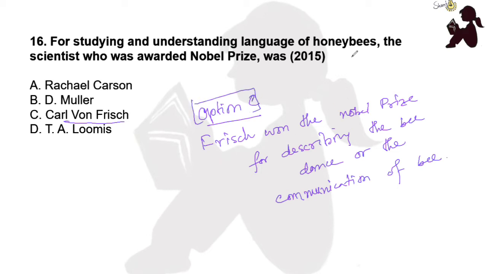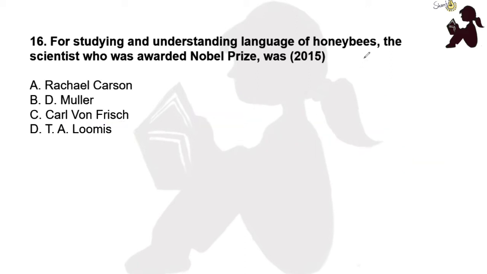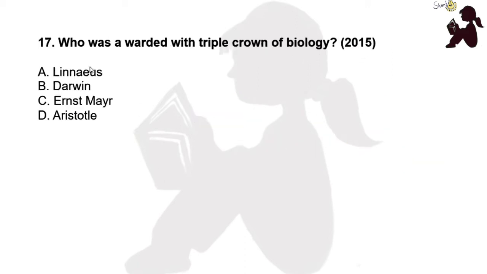Okay. Let's move forward to the next question. And the next question is, who was awarded the Triple Crown of Biology? The options are Linnaeus, Darwin, Ernst Mayr, and Aristotle.